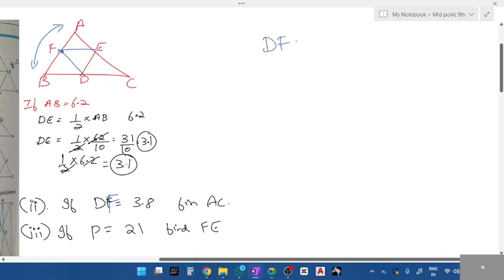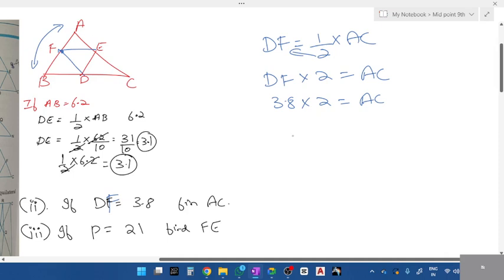So what is DF? The formula for DF would be half into AC. If you want to find AC, what happens to this 2? It's multiplied. Yeah. So DF is 3.8. How much is 3.8 into 2? If you're getting confused, you can write 38 divided by 10 into 2. 2 into 38, you get 76 divided by 10 is 7.6.